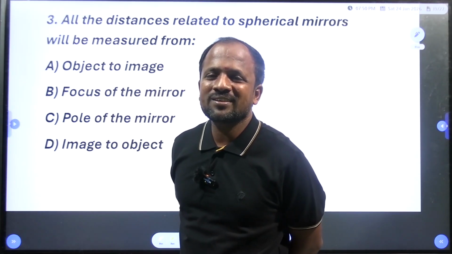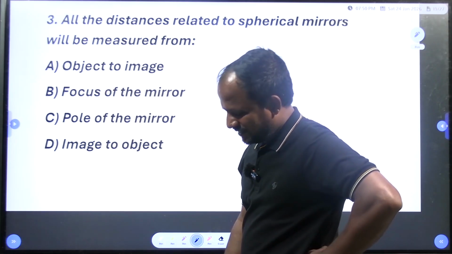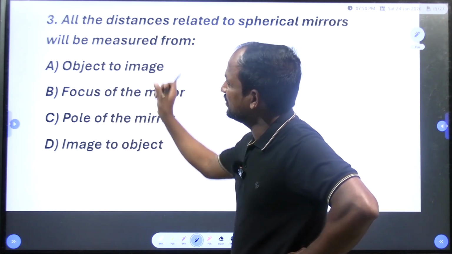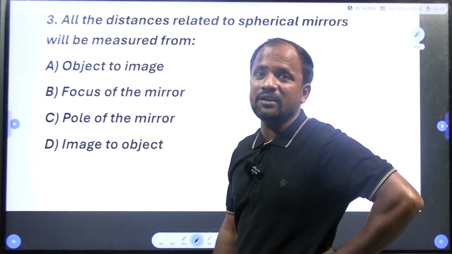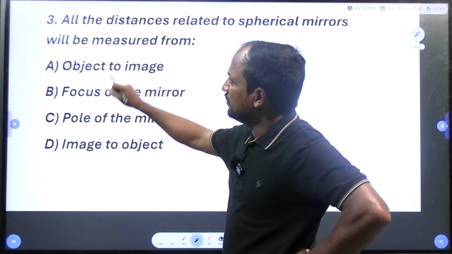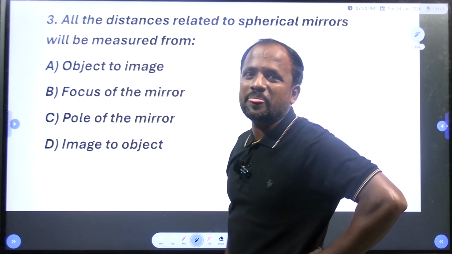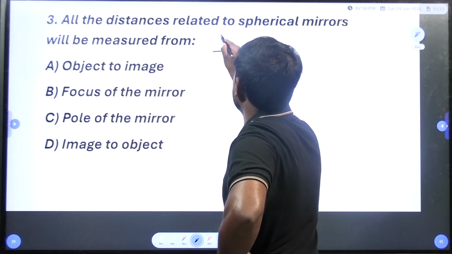Tell me. In the last session we discussed the sign conventions. Now, based on the sign conventions, you have to answer this question. First, sign convention: what we discussed, the sign conventions.